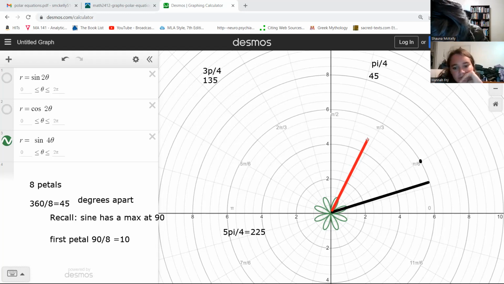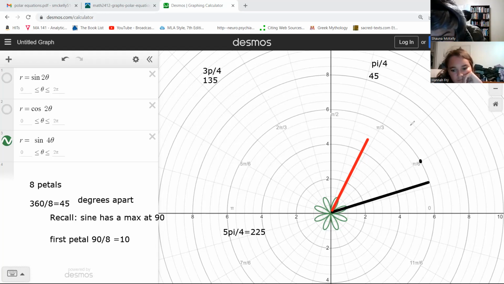Now this petal here, this is 30, right? So now if this is your petal, this angle here is going to be the angle between this here.